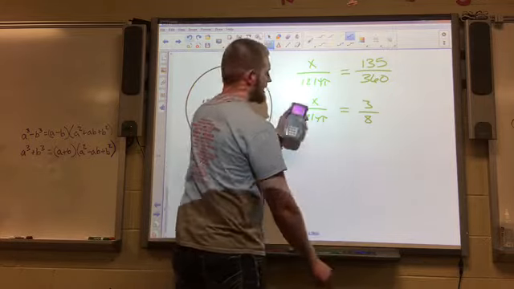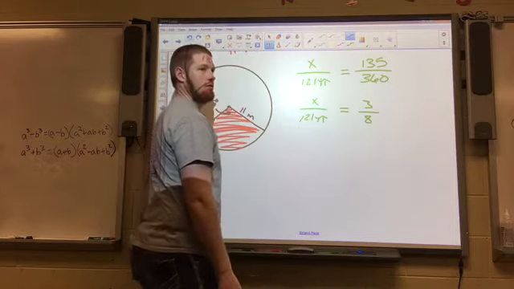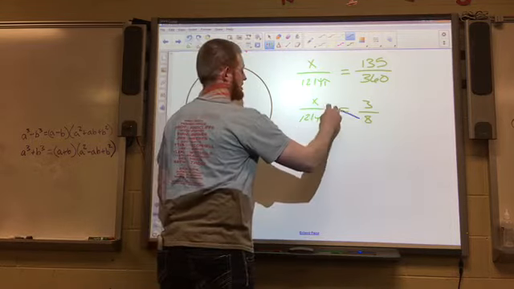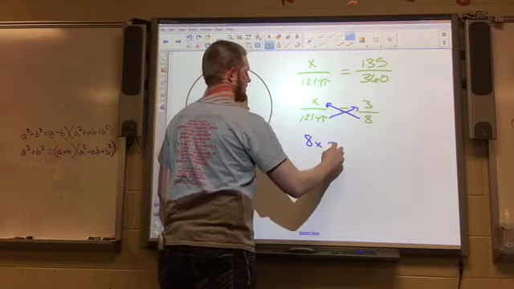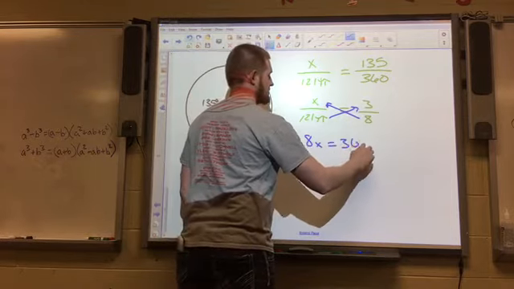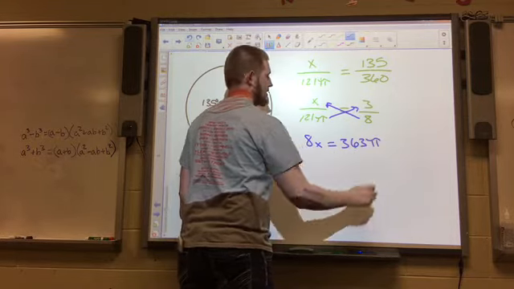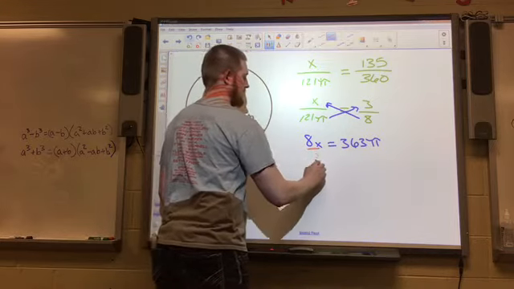Okay. So now that I have my fraction reduced, I can do what now? Cross multiply. So 8 times x is 8x. 121 times pi times 3 is 363 pi. Now I divide by 8.